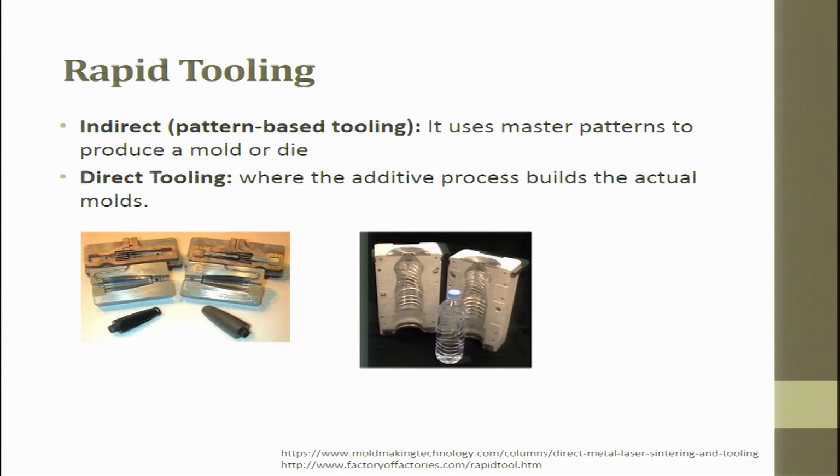So, indirect tooling is when it uses a master pattern to produce a mold or a die. To produce a die, you need a tool. So, if you can produce that, that is called indirect tooling.